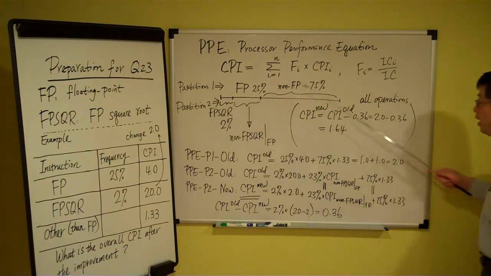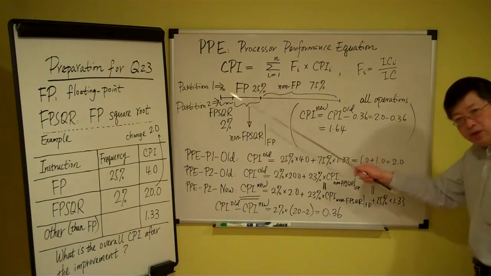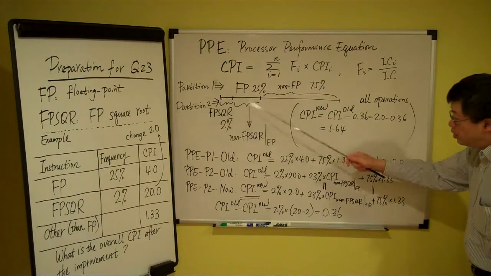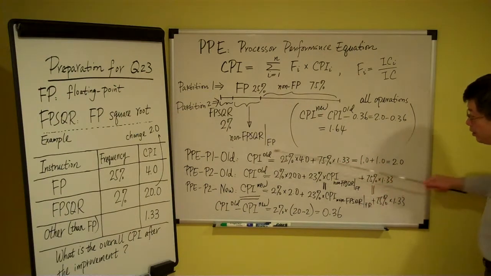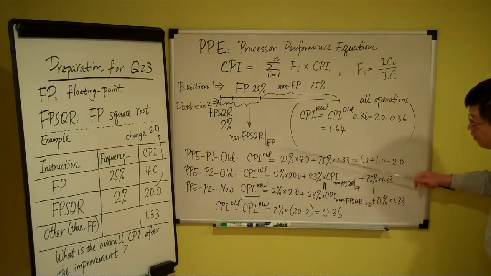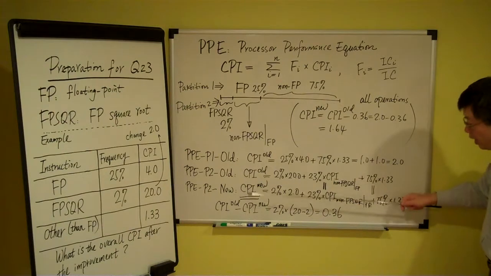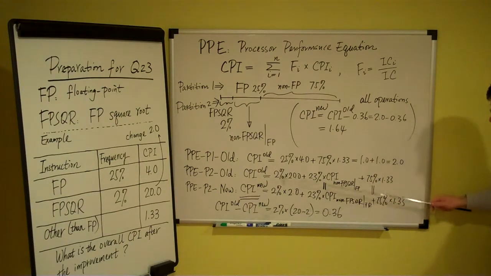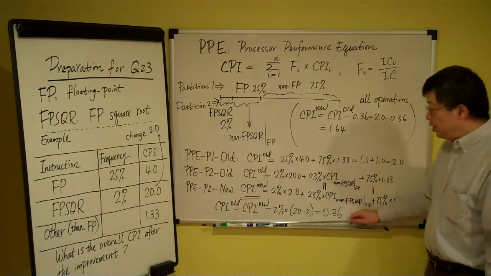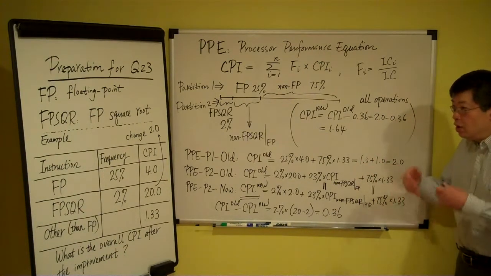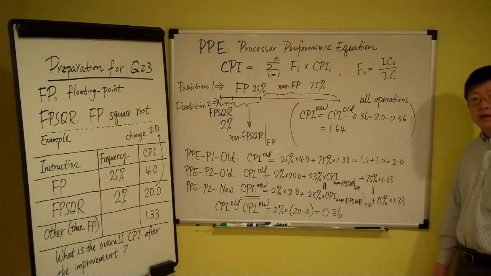When you divide all the operations, what partition do you use to divide them? Based on different partitions, the way you use the PPE is different. 3 different ways here. Then you plug in the known numbers, you solve equations, then you can find the answer. So that is the general way to solve this type of problem.